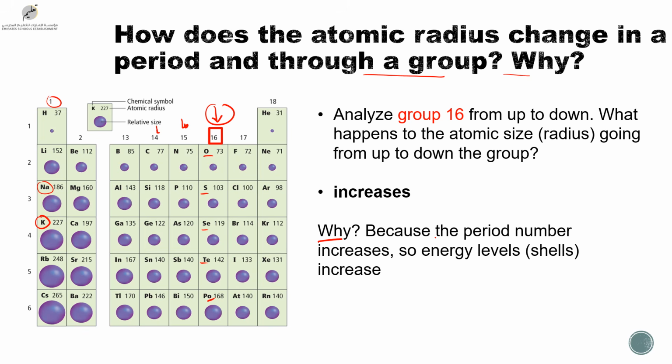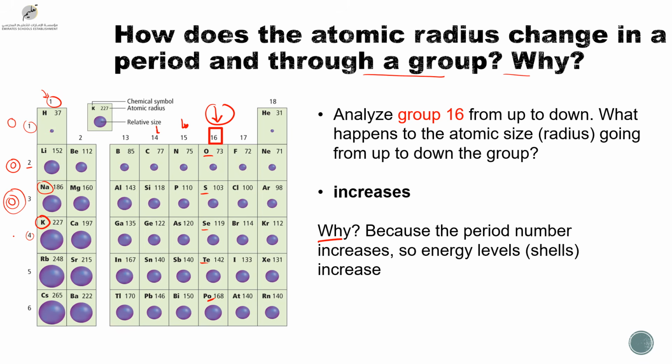Because when we increase the period number, the energy levels increase. So for example, if we are in period 1 and group 1, this atom has only one energy level. If we go down at period 2, this atom has 2 energy levels, so bigger size. If we go to period 3, this atom has 3 energy levels.